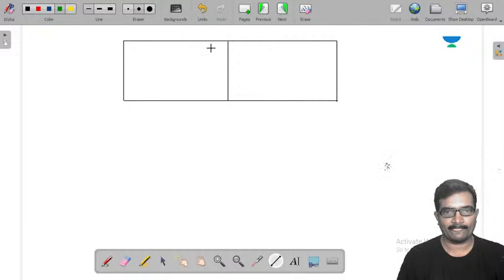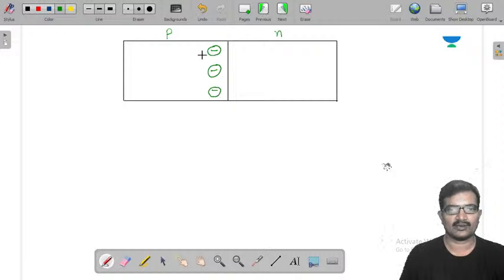So we know that this is the P region and this is the N region. In the P side we have negative immobile ions, negative immobile ions in the P side.